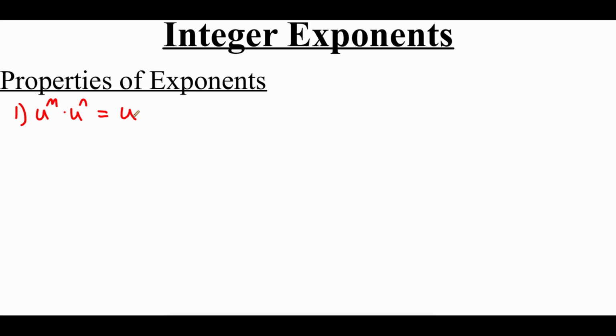So we keep the base value the same, we're still going to use u as the base, but we're going to add those exponents together, so m plus n. So if we had something like 5 to the 3rd times 5 to the 4th, we keep the 5 the same, but we add the exponents together. So that'll result in 5 to the 7th power.